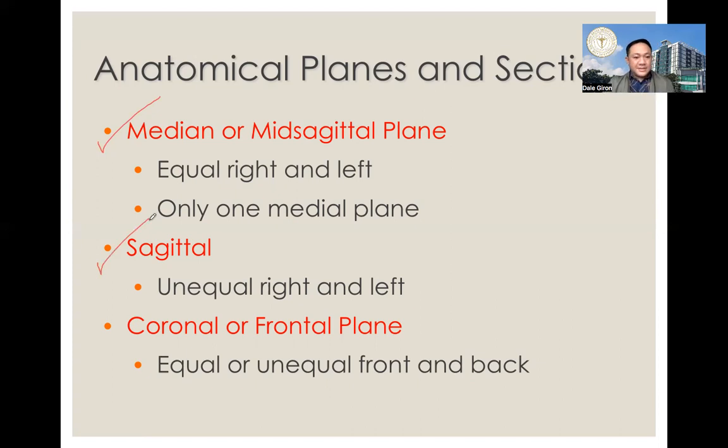Okay, next, your coronal or frontal plane, equal or unequal front and back. So meaning, this is my front, this is my back. If you want to do a coronal or frontal cut or plane, we cut equal or unequal front and back. So these are the most commonly asked planes in the examination. You have to note the median or mid-sagittal, the sagittal, and the coronal or frontal plane.